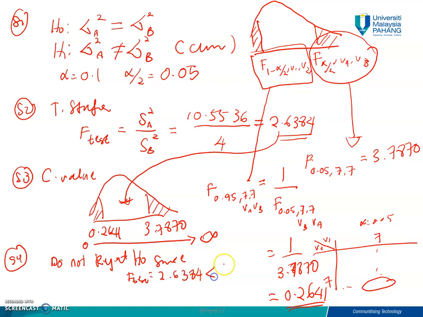2.6384 less than F 0.05, or you can say F table as well, which is 3.7870, and the other one you have F table, which is 0.2641. So here you decide reject or do not reject H null. So if you look here, do not reject H null.